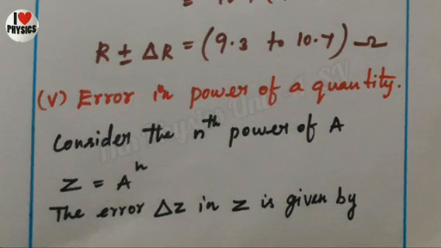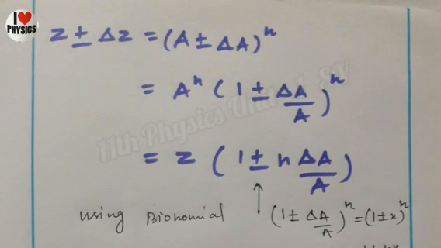And the last mathematical theory, the fifth one, is error in power of a quantity. Consider the nth power: z equal to a power of n. The error del z in z is given by z plus or minus del z is equal to a plus or minus del a, whole power of n. Then a power of n is taken out commonly in a bracket.